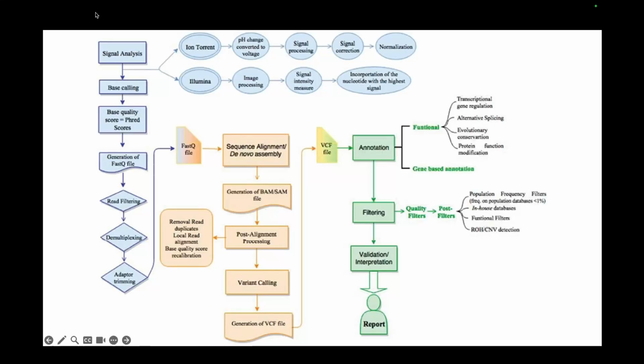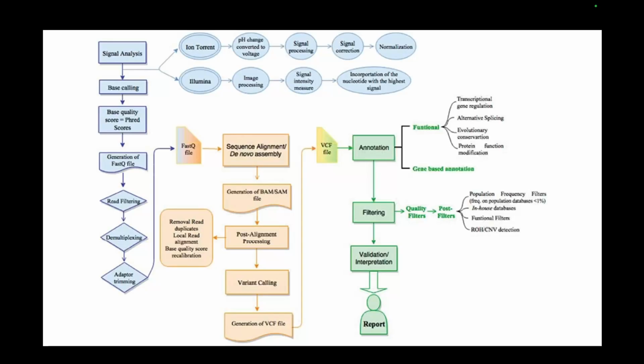It can be a fluorescent light signal, or a change in current as we saw from nanopore sequencing. The signal varies across different platforms, as we saw last time, be it fluorescence, radioactivity, or a difference in ion flow.